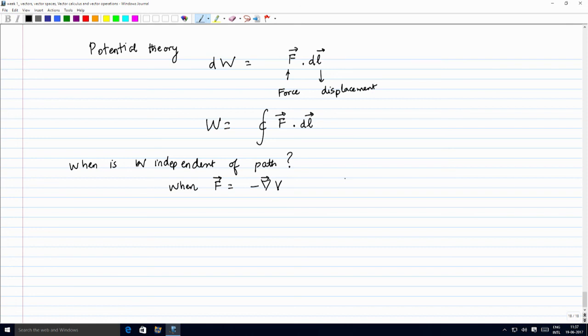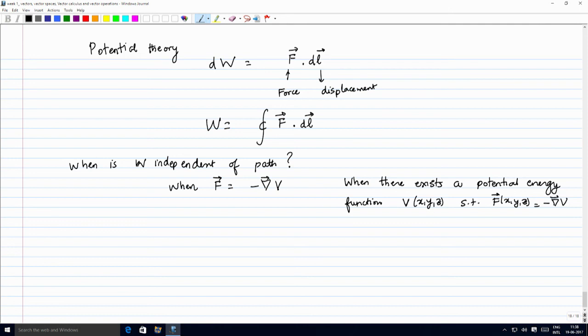So, when there exists a potential energy function V of x y z such that F of x y z is equal to minus grad V. Okay, then you can write W as a contour integral of minus grad V dot, instead of writing dl, I will just write it as dr. And what we said is that gradient of V dotted into dr is nothing but the differential change in V going along that path.